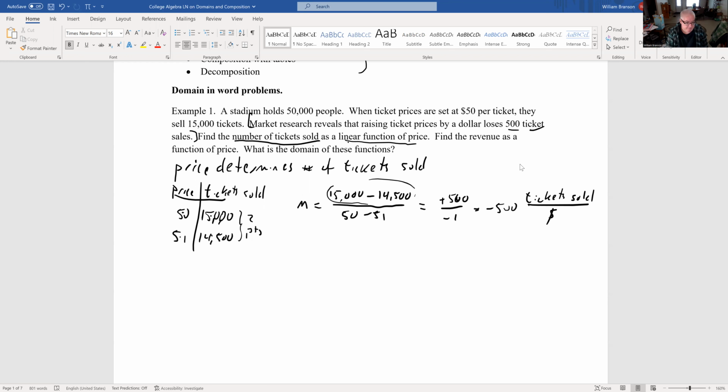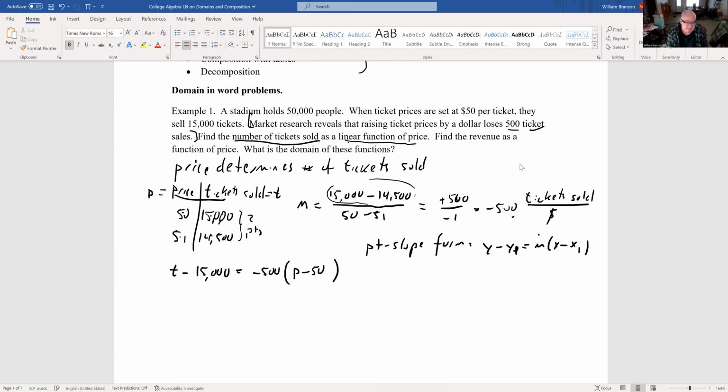So we'll call this P, we'll call this T for tickets. So tickets minus 15,000 equals slope, which is minus 500, times price minus 50. This is the point slope form of a line, which we know is y minus y1 equals m times x minus x1.